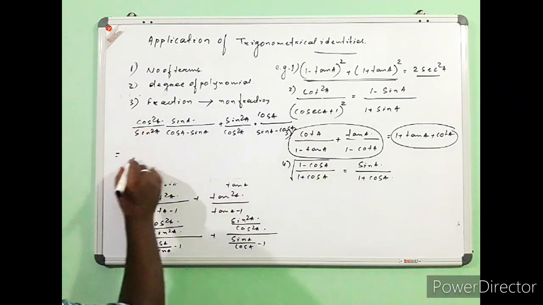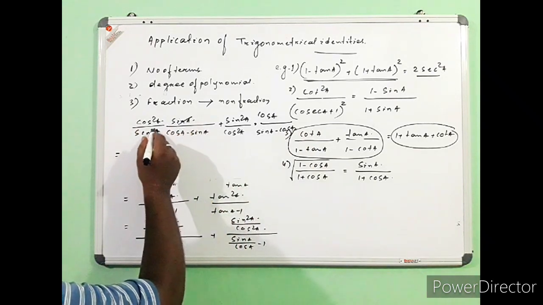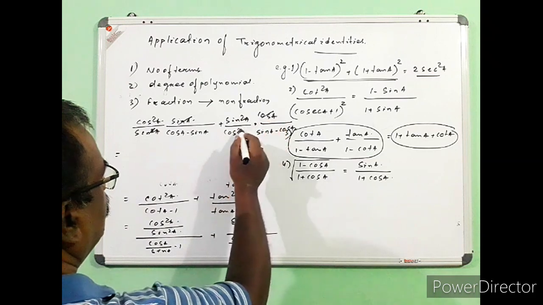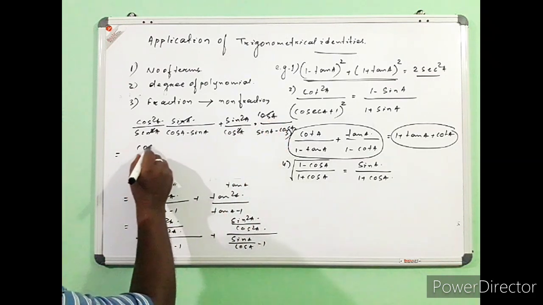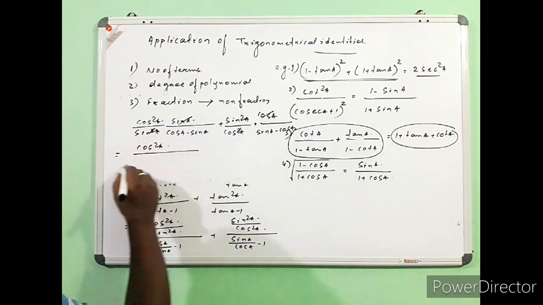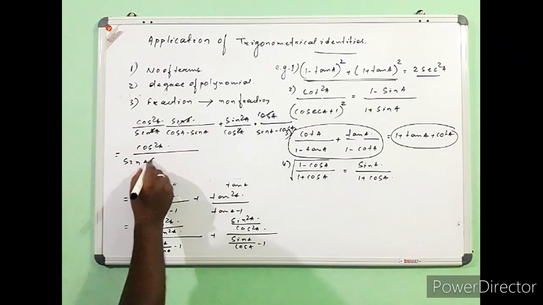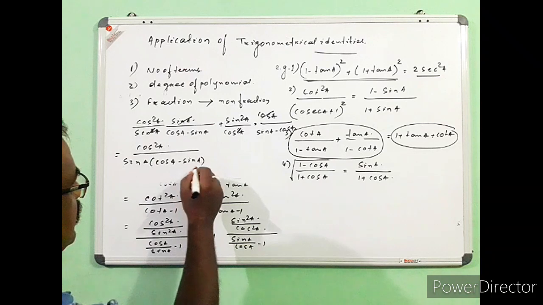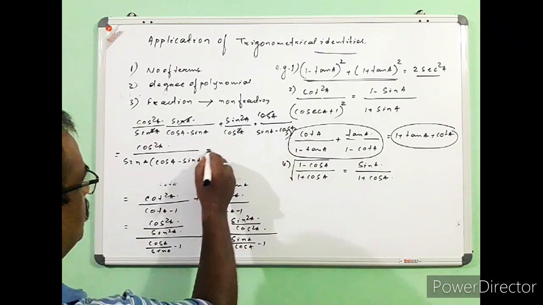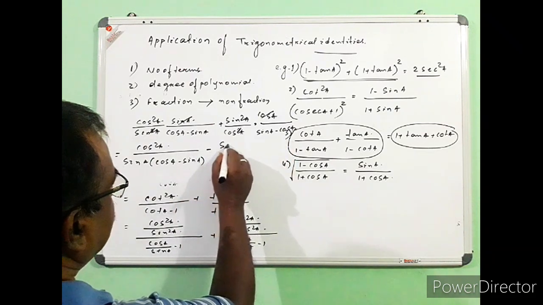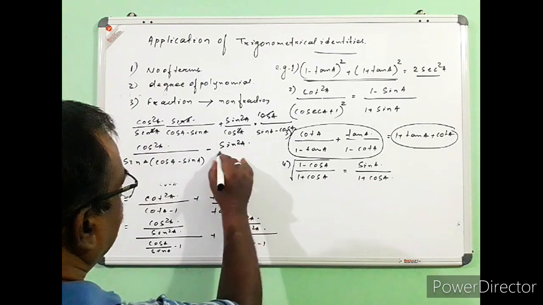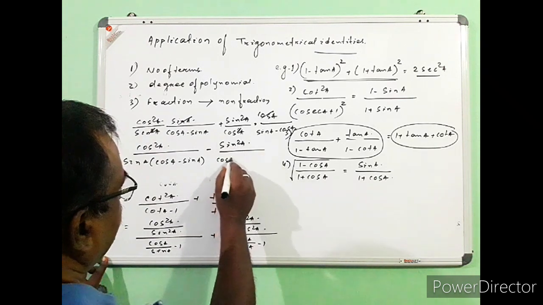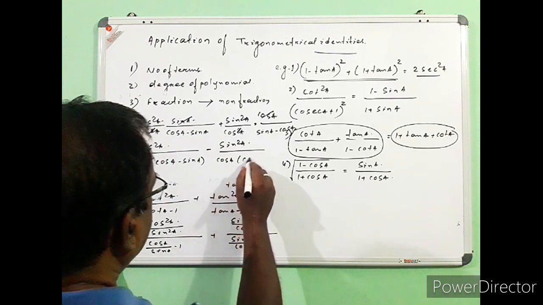After cancelling, we get cos square A by sine A into (cos A minus sine A). Taking the minus common, we get minus sine square A by cos A into (cos A minus sine A).